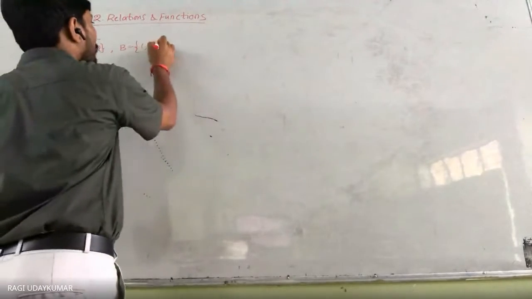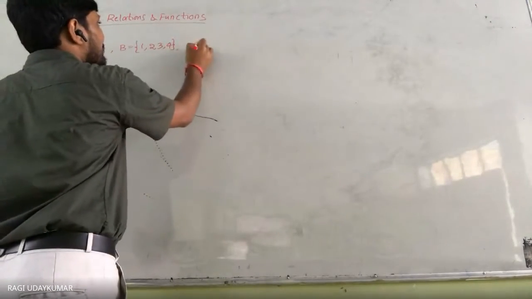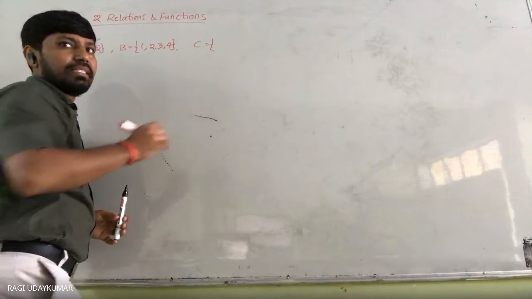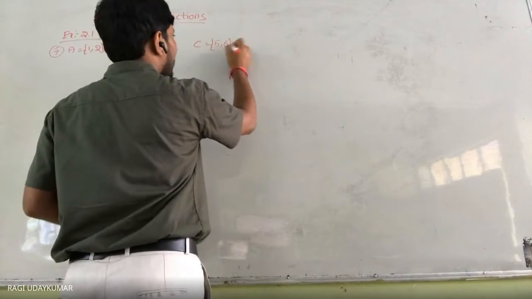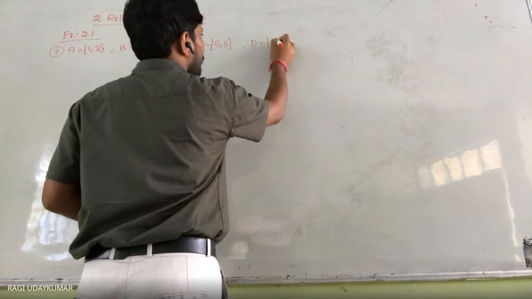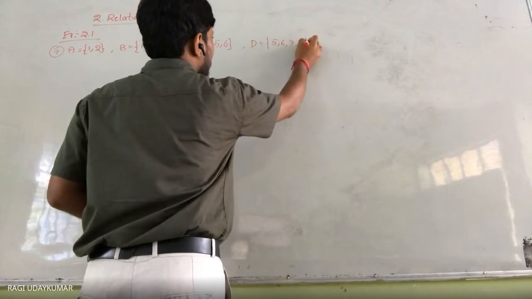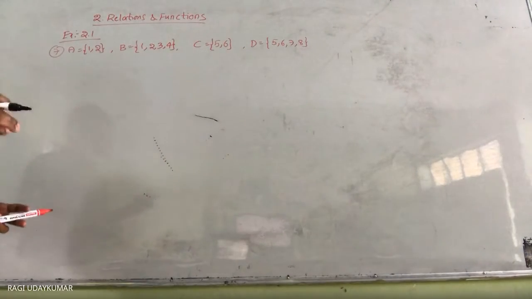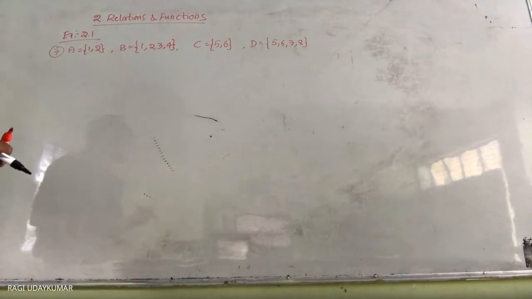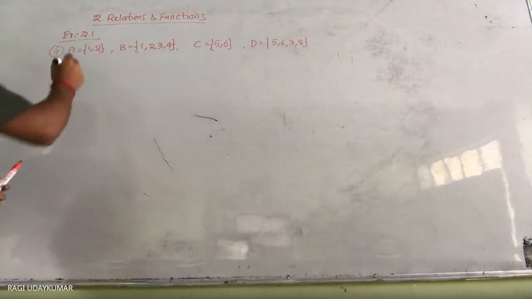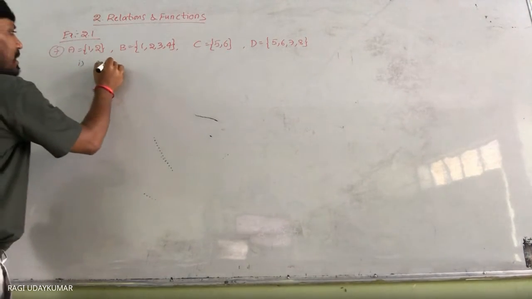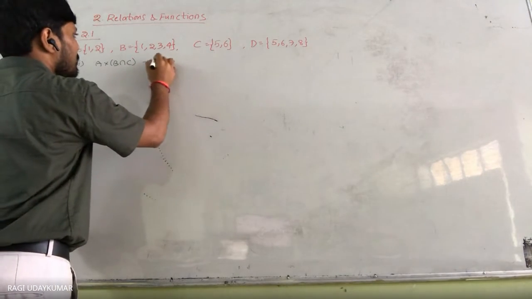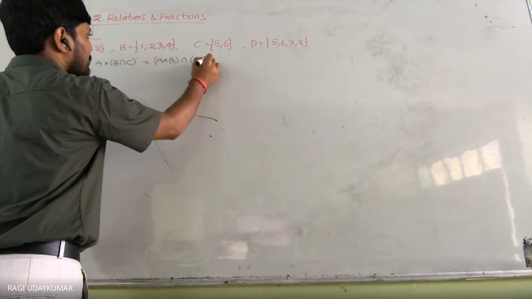So B is given to you 1, 2, 3, 4, and set C is 5, 6, and set D is 5, 6, 7, 8. All are very simple. The question is asking you to verify that A cross (B intersection C) is equal to (A cross B) intersection (A cross C).